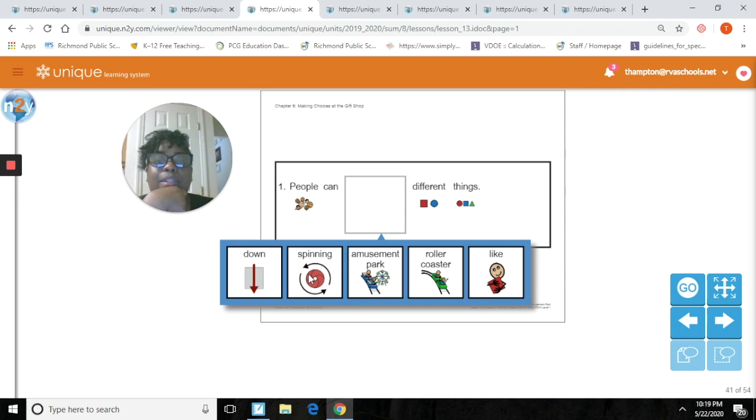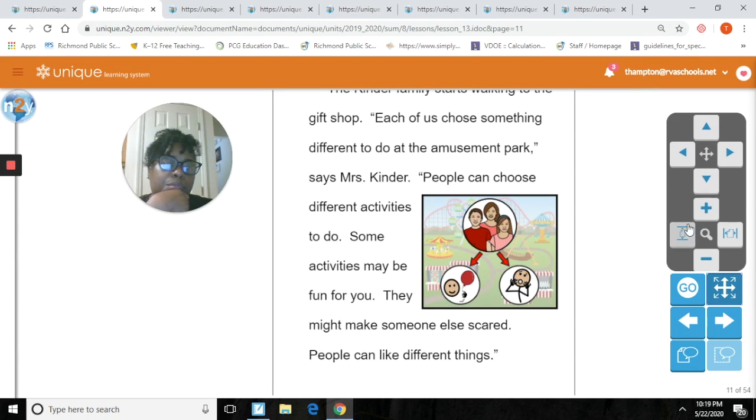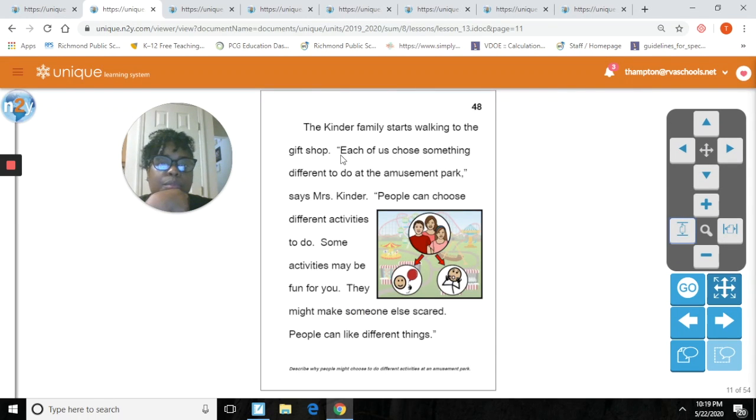Okay? So now we're going to go to our story to help us find the answer. And we see here the Kenneth family, they start walking to the gift shop, right?